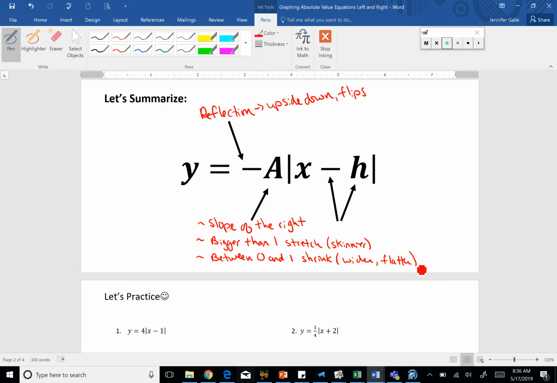Now the subtracting or adding inside those absolute value bars, not parentheses, absolute value bars, these two work together. So when we had plus h, which way did we move or shift when it was a plus?